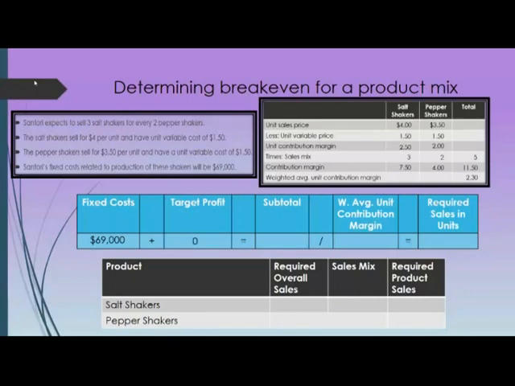So target profit, whenever it's a break-even question, is always going to be 0. They've got to come up with $69,000 to cover their fixed costs. Well, let's divide that by our weighted average unit contribution margin, which we just figured out to be $2.30. Means that we're going to have to sell 30,000 units in total, so salt shakers and pepper shakers combined, in order to break even. But how much of each?